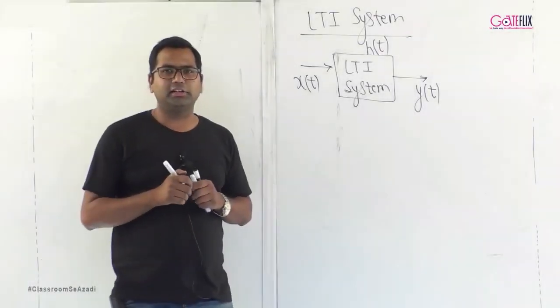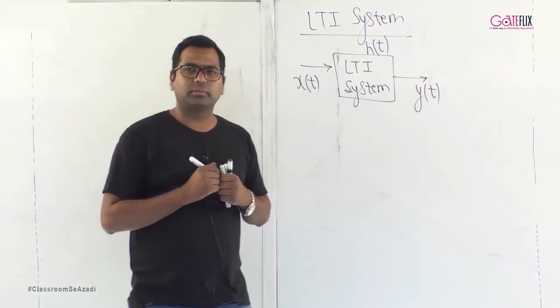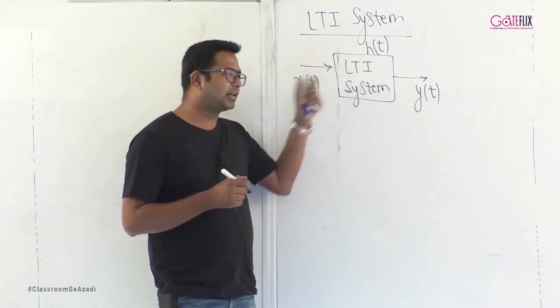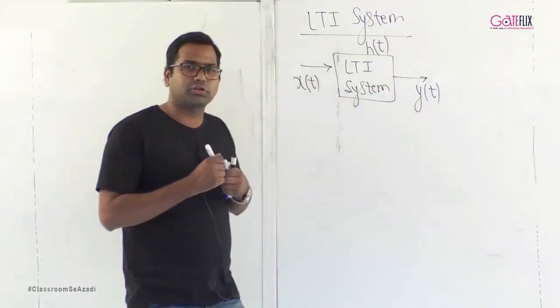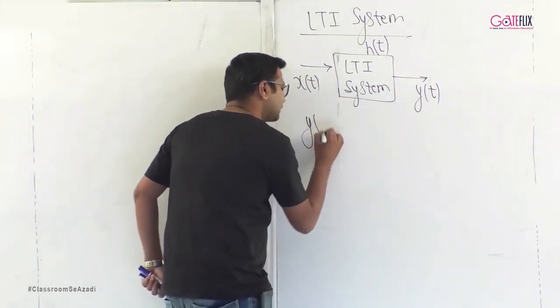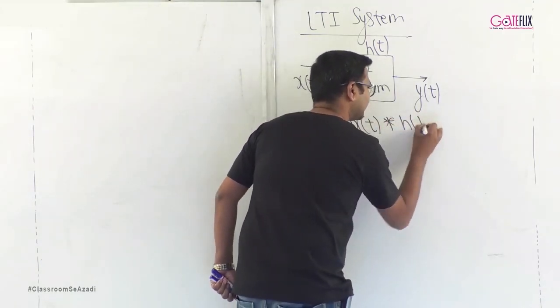Let us discuss the LTI system in the context of the Laplace transform. Consider an LTI system whose input is x of t, output is y of t, and impulse response is h of t. Therefore, I can express the output y of t as x of t convolution with h of t.